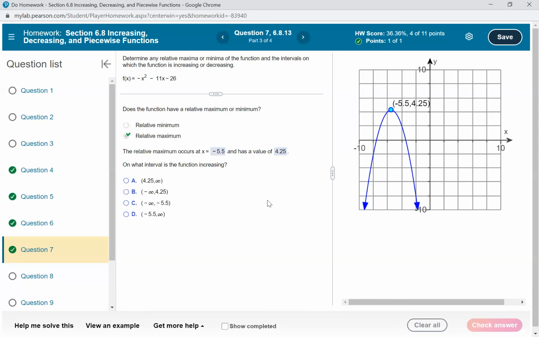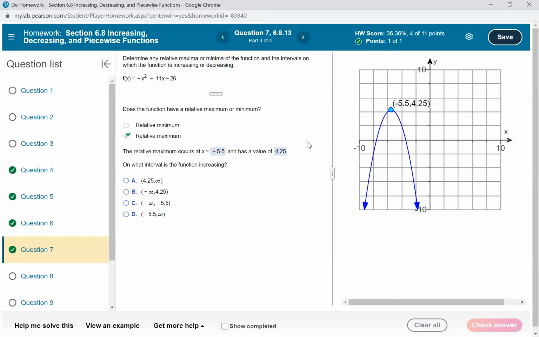Now, here's the question we had a while ago. On what interval is it increasing? So remember, you're reading these left to right. So it's going uphill. This little part where my cursor is, that part's going uphill left to right. Now, remember, this thing goes on forever and ever with that arrow going down. So we're coming in from the left side of this graph. If we're coming in from the left side of a graph, we're coming in from what? Negative infinity.